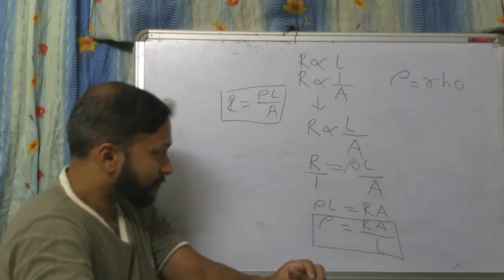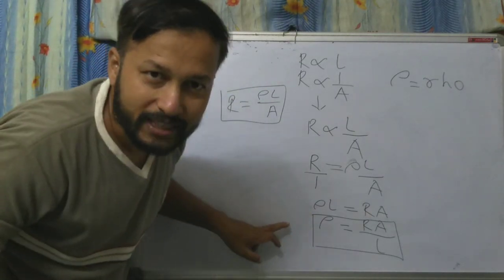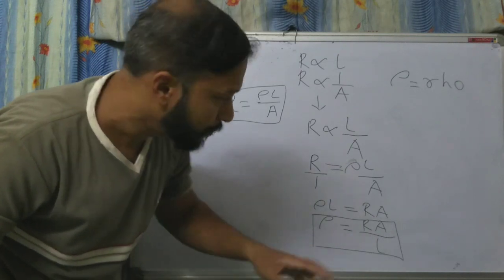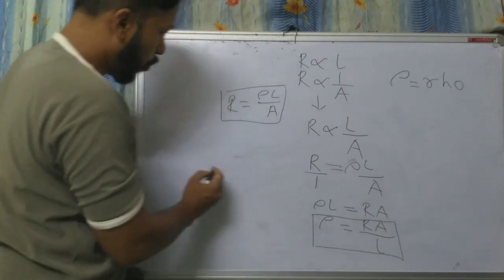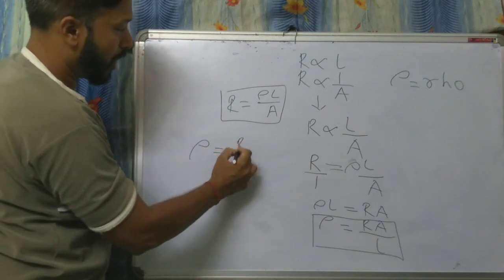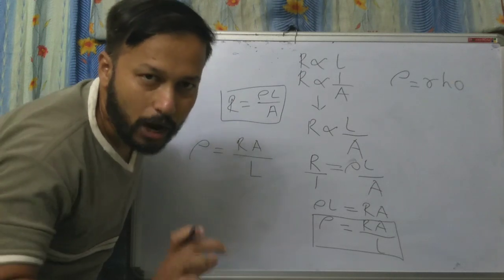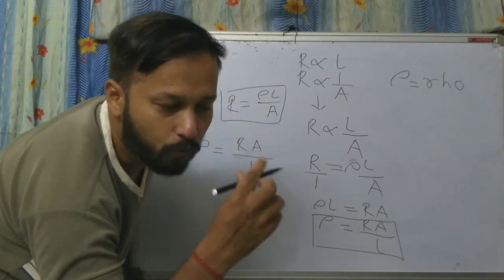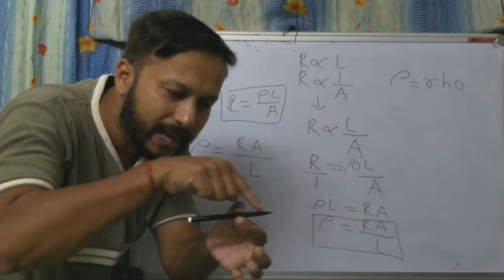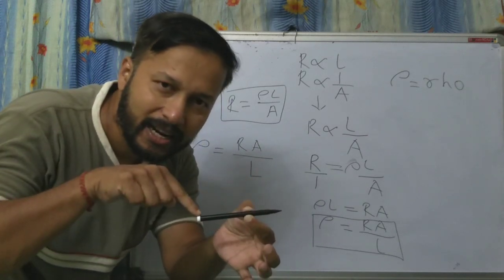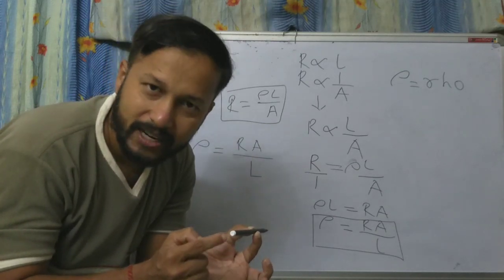Let's see. Here is this equation. To find the definition and unit, we'll use this equation. Rho equal to RA by L. Fine. Now, I'll be taking a wire. A simple wire I'll take whose length is 1 meter and area is 1 meter square. Fine.